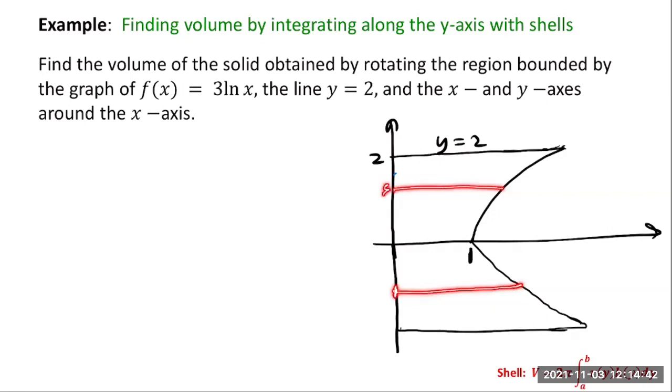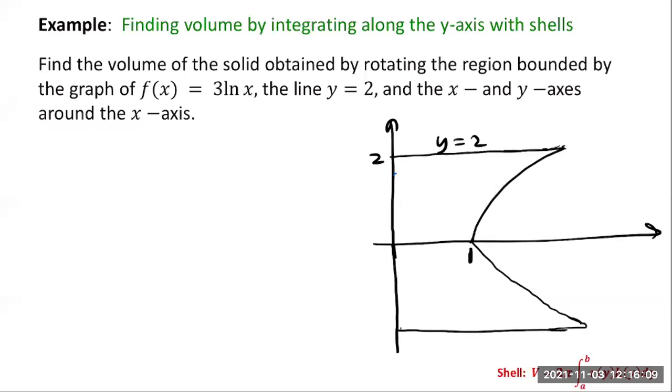Remember, we have to take the thickness of the shell to be delta y this time, not delta x, because they are along the y-axis. Okay, so it is going to be an integration of y this time. How do we set up that integration? The key is always you take a representative shell.